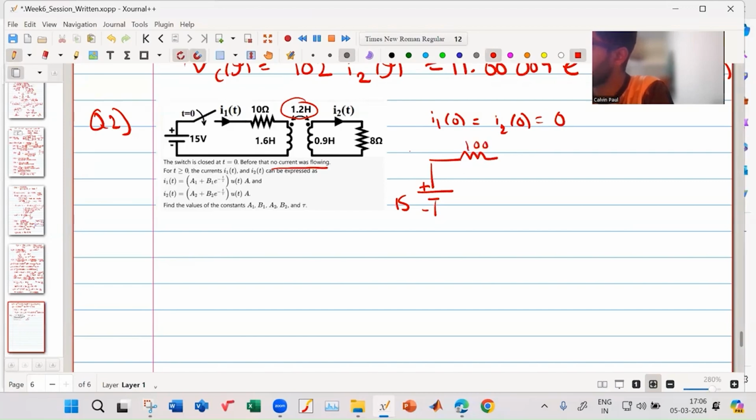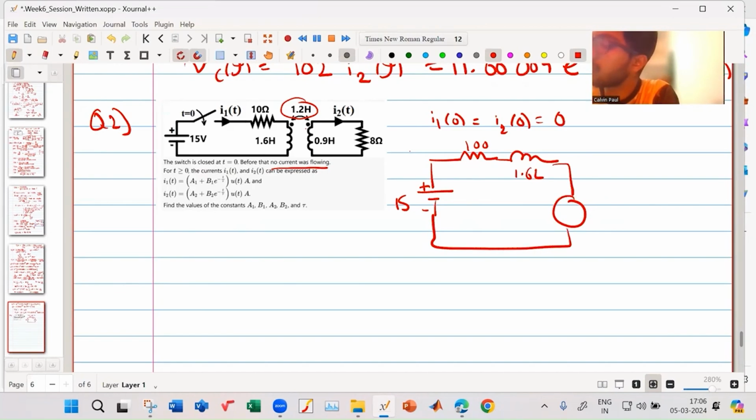After the switch is closed, your 1.6 H inductor. Now, if you see at the dot, what is the voltage induced over here? Here current I2 is flowing out. If it is flowing out, then at the dot terminal there should be a minus sign. So this becomes minus plus 1.2 into di2 upon dt.